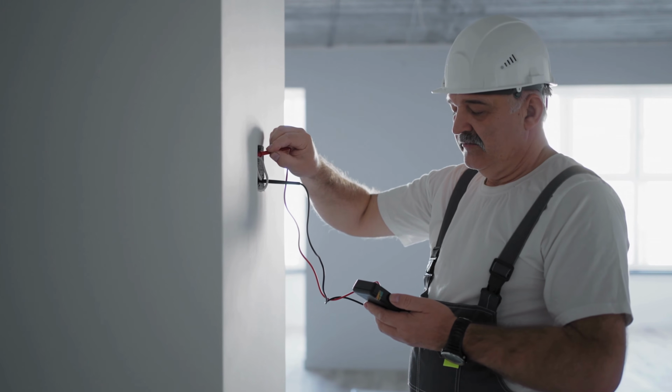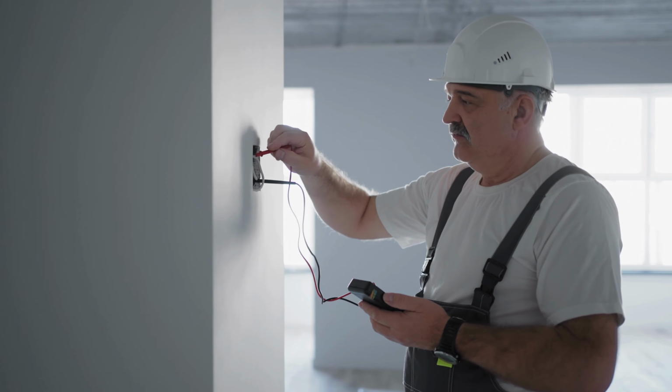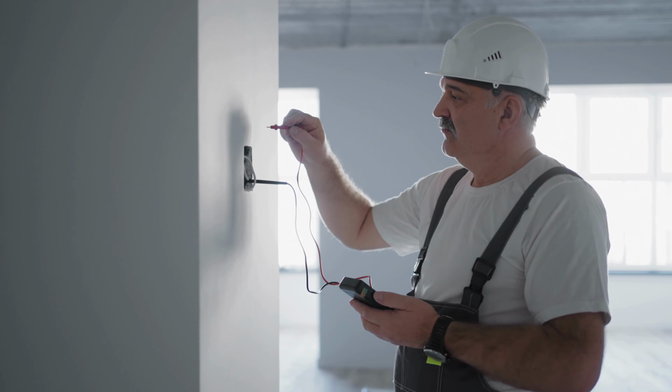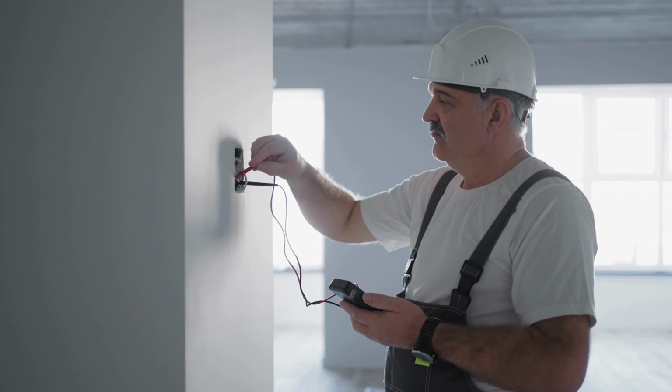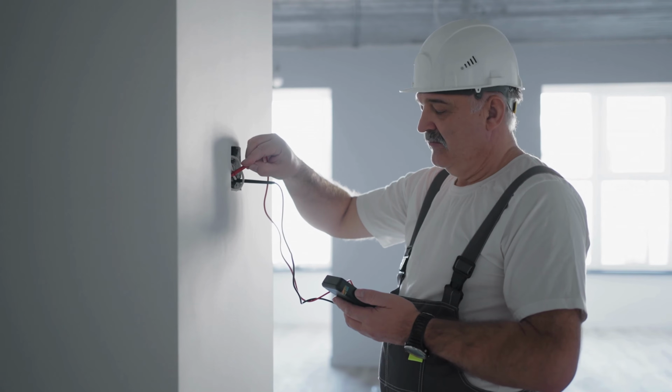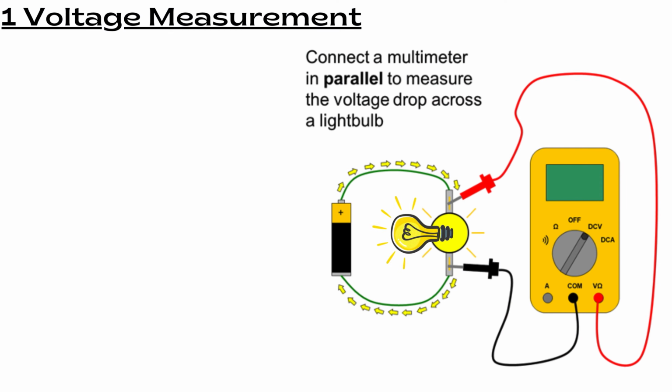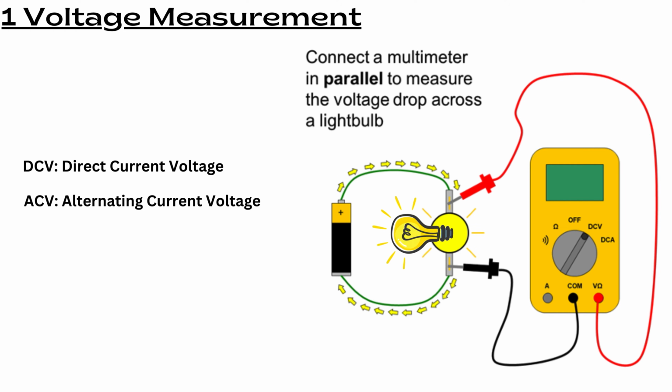First things first, let's talk about the functions available in a typical multimeter. Here are the main ones you'll encounter. 1. Voltage, V, measures the electrical potential difference between 2 points. You'll often see it listed as DCV for direct current or ACV for alternating current. 2.